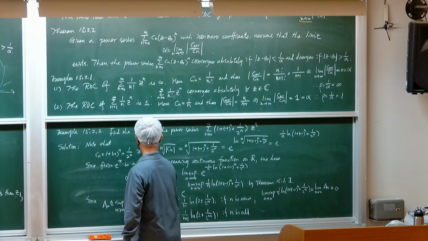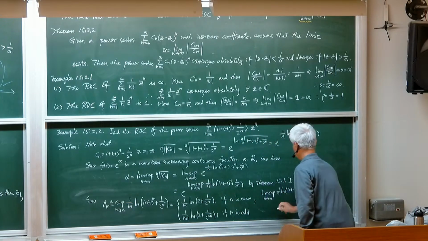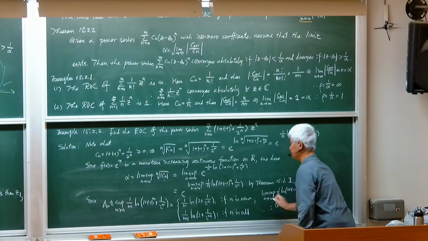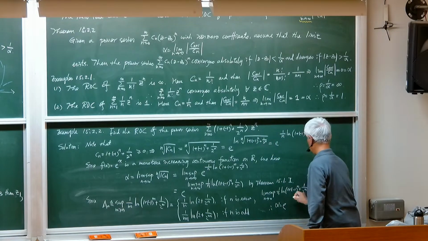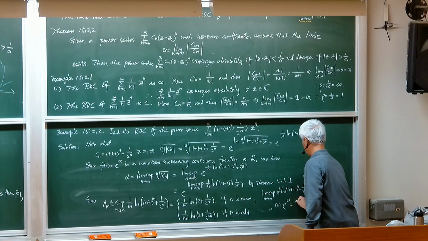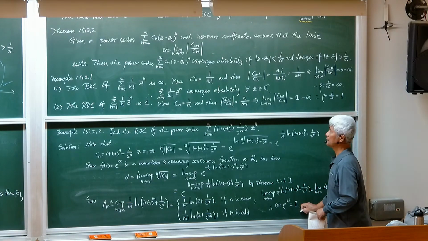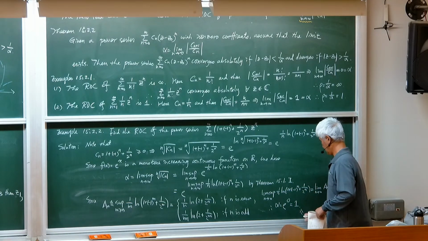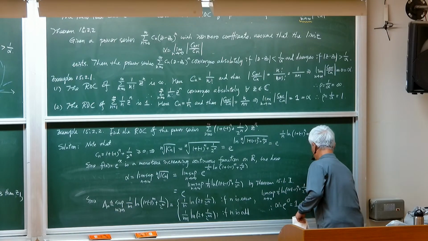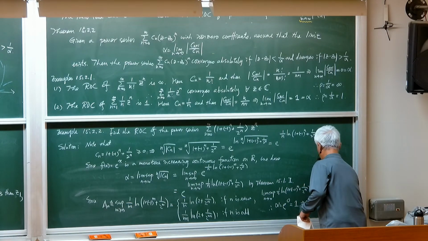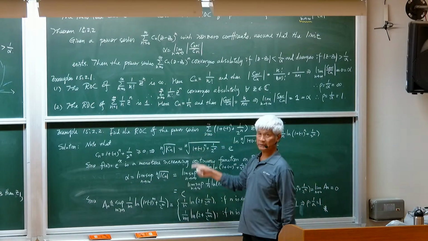So alpha is equal to e to the 0, so it's equal to 1. And so the ROC, rho, is 1 over alpha, equal to 1. So the ROC of this power series is equal to 1.